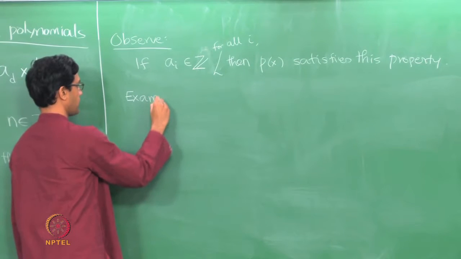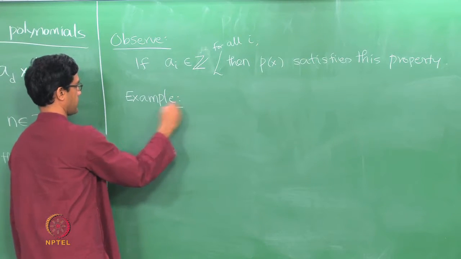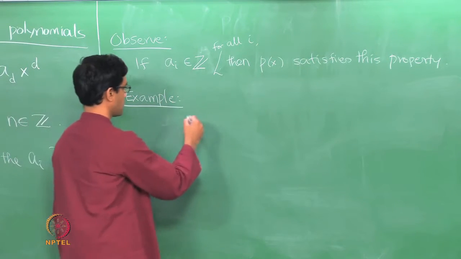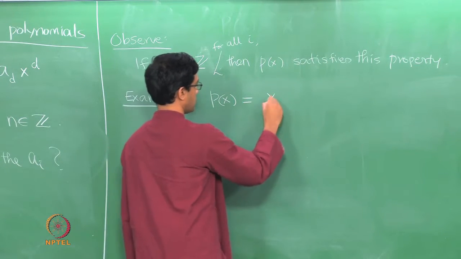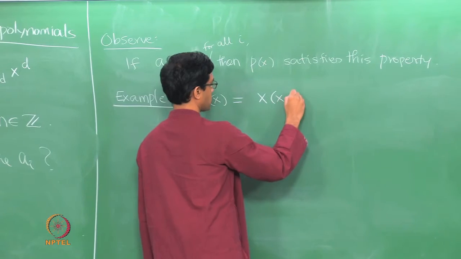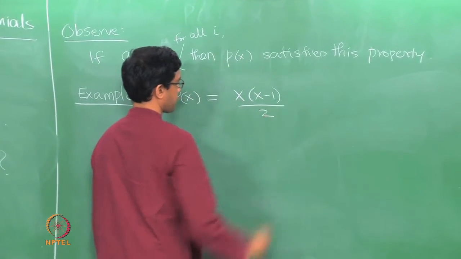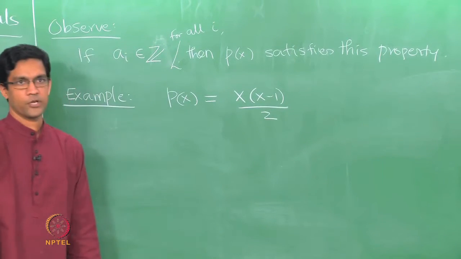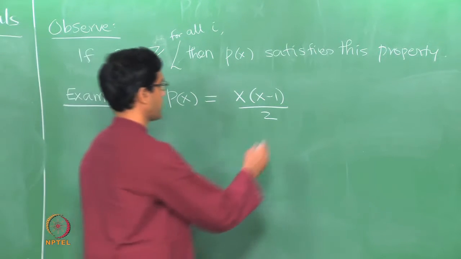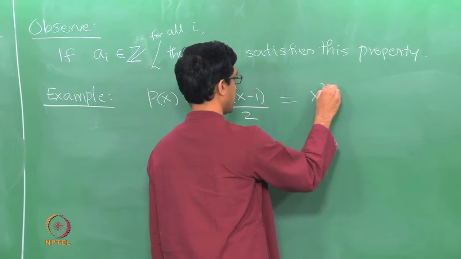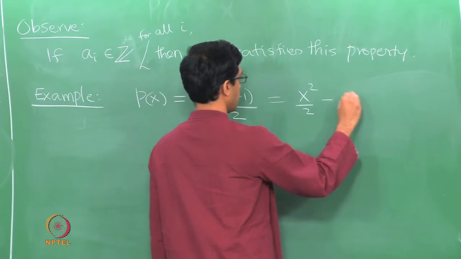So here is an example which will sort of demonstrate this fact. Let us define p of x to be the polynomial x into x minus 1 by 2. So here is a polynomial whose degree is 2, it is x squared minus x divided by 2, right. So let us write it out fully, it is x squared divided by 2 minus x divided by 2.